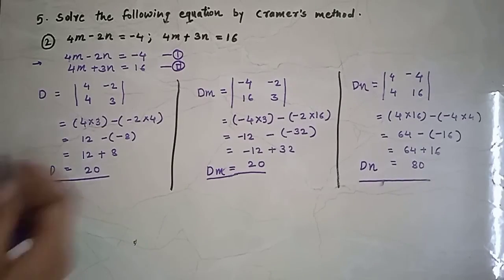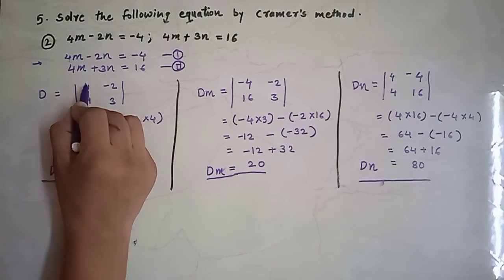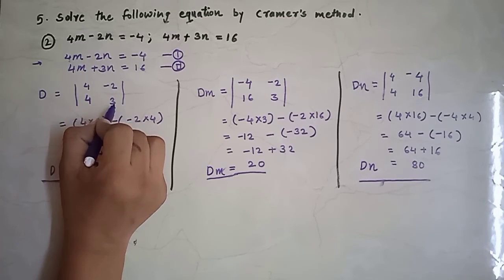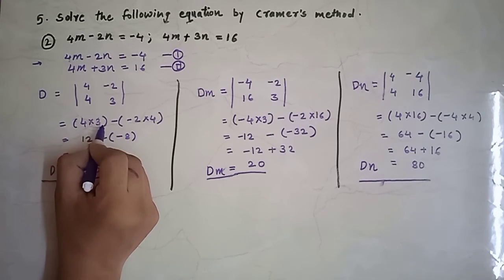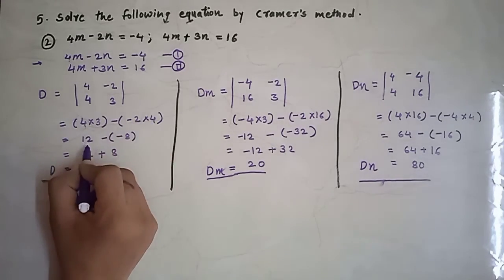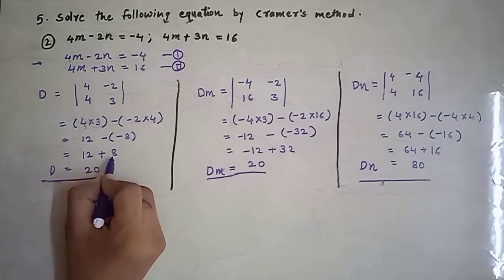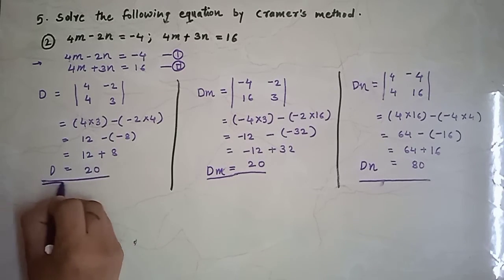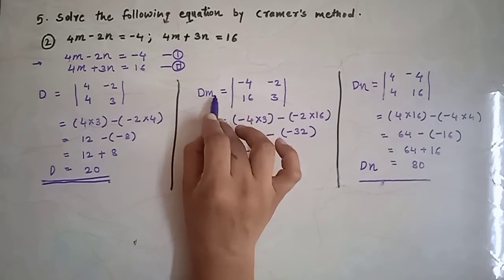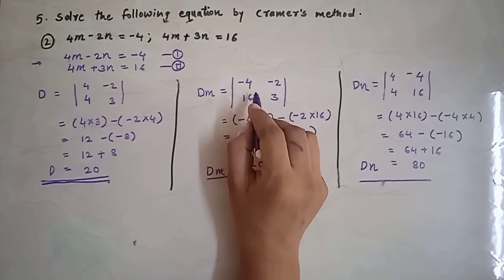Okay, take down the next. Here is the same kind of question as the first question, so I have taken it directly. So D is equal to, take down the determinant and do the cross multiplication. So we get the value of D. D is equal to 20. Now for Dm, a1 a2 and b1 b2, replace by c1 c2.